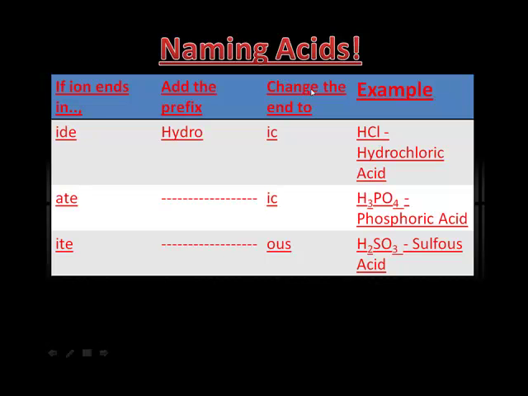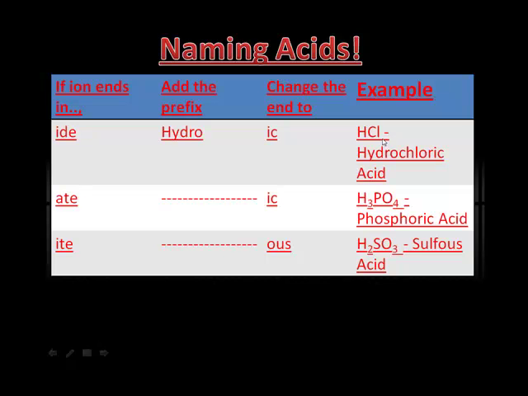If the ion should have an IDE ending, what we do is we add the word hydro in front of this in place of hydrogen. And then instead of having IDE at the end, we replace that IDE with an IC, and then we're always going to have acid. So this would be called hydrochloric acid.